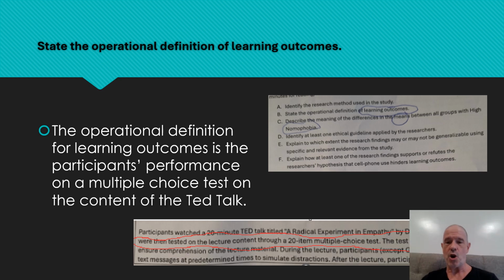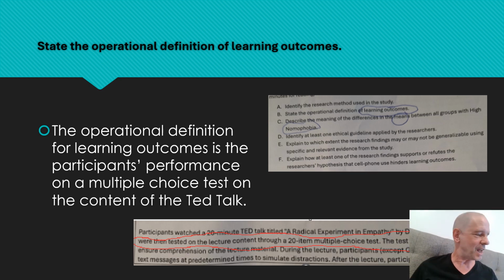How is that defined? It's how they did on that content test. Now, a mistake I saw in a few cases: people wrote it was the results of the test or the multiple choice test. But that may not be enough to score. One of the reasons is that if you look at the bottom of the first page and onto the top of the second page, after the lecture, participants completed the multiple choice test and several self-report measures, including the obsessive content scale, the nomophobia questionnaire, the mindful attention and awareness scale.